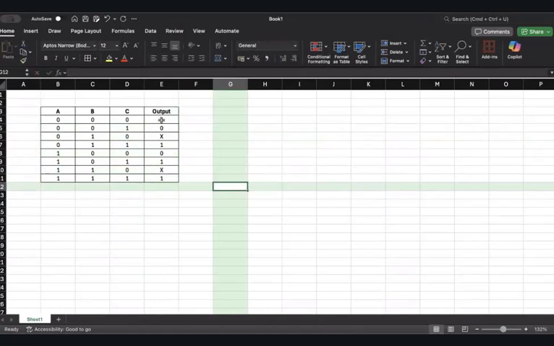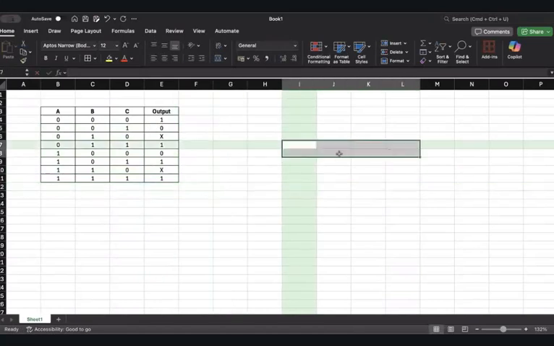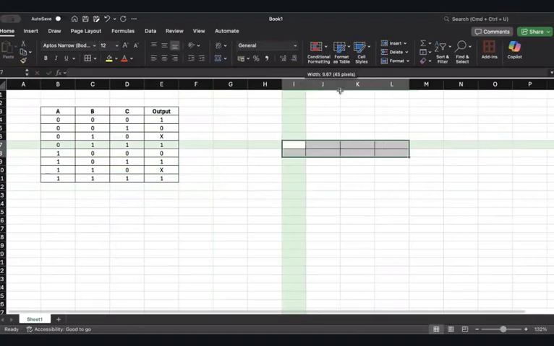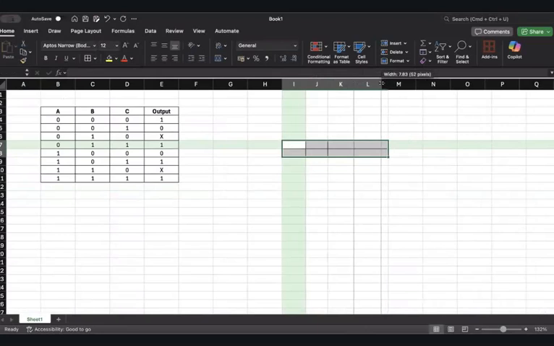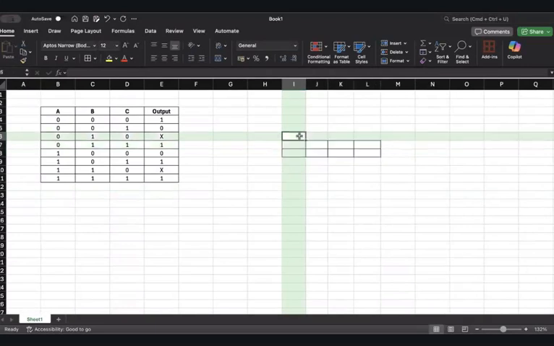Now, you know, for drawing our K-map. So if this could be our K-map, right? And you have 2 things here. So this is going to be your A and this is going to be BC.